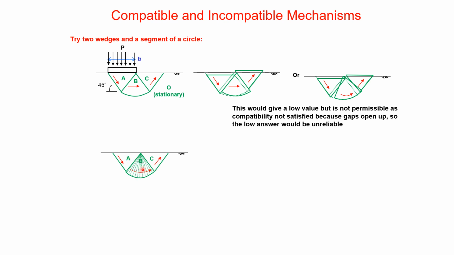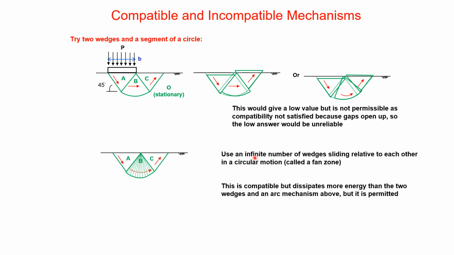It's just that each of these little wedges is infinitely small and rigid. So we use an infinite number of wedges sliding relative to each other in a circular motion. This is called a fan zone, like a lady's fan that she would use to cool her face. This is compatible. It dissipates more energy than this thing here, but it is legal.